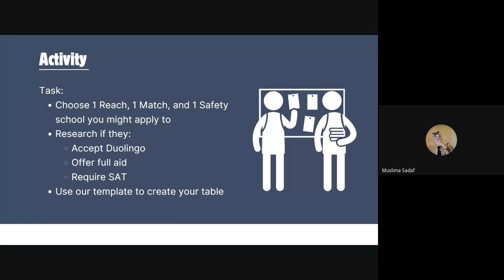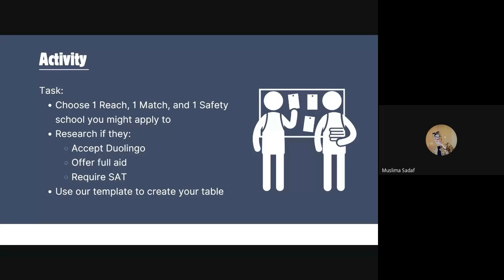The second university I researched was a Match School, University of Wisconsin-Madison in the USA. They require the SAT, for the middle 50%, the score will be about 1300 maybe.